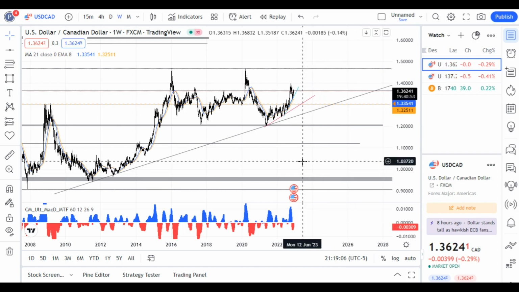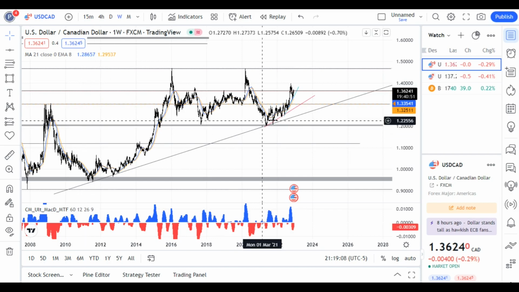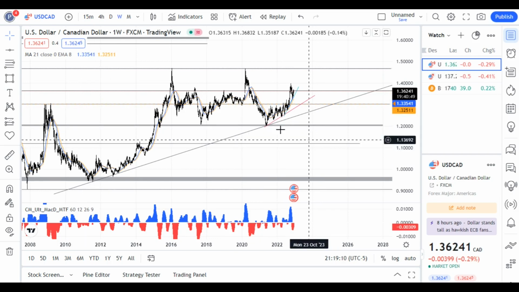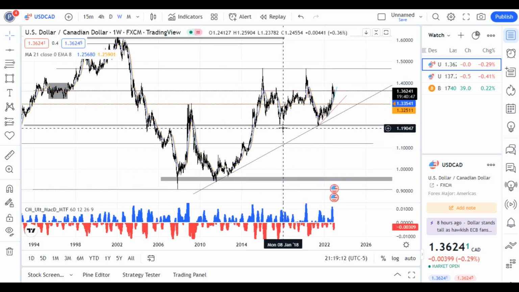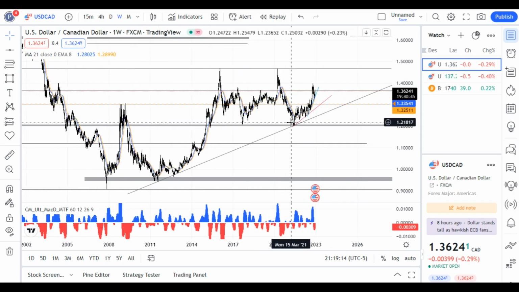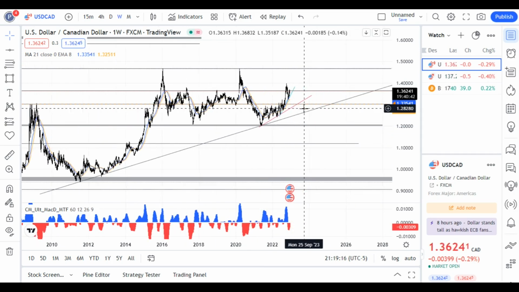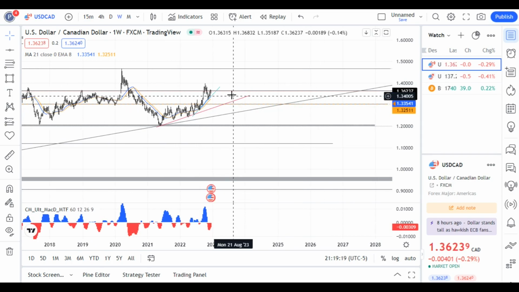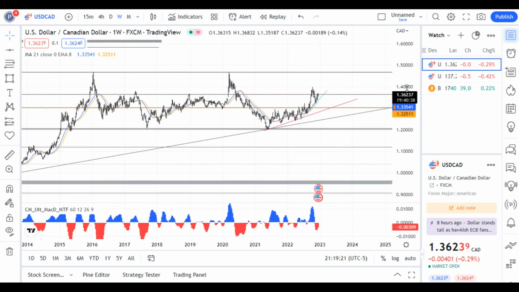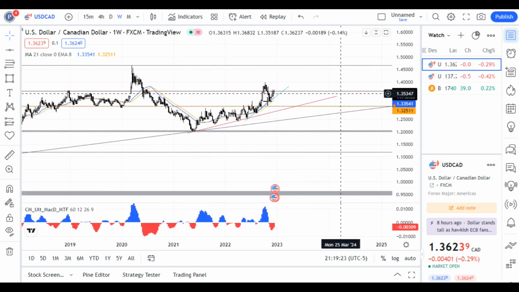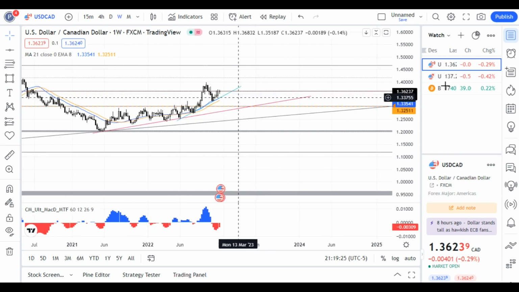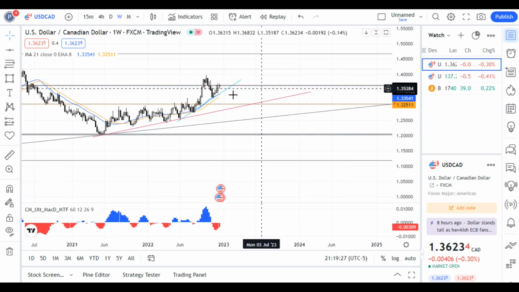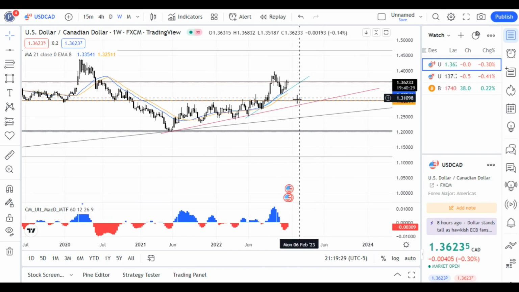So nicely drawn this way. So guys, this is all for part 2 of the USD CAD. As we've drawn it, you can see that currently we have no actual entry, because we are swing traders.